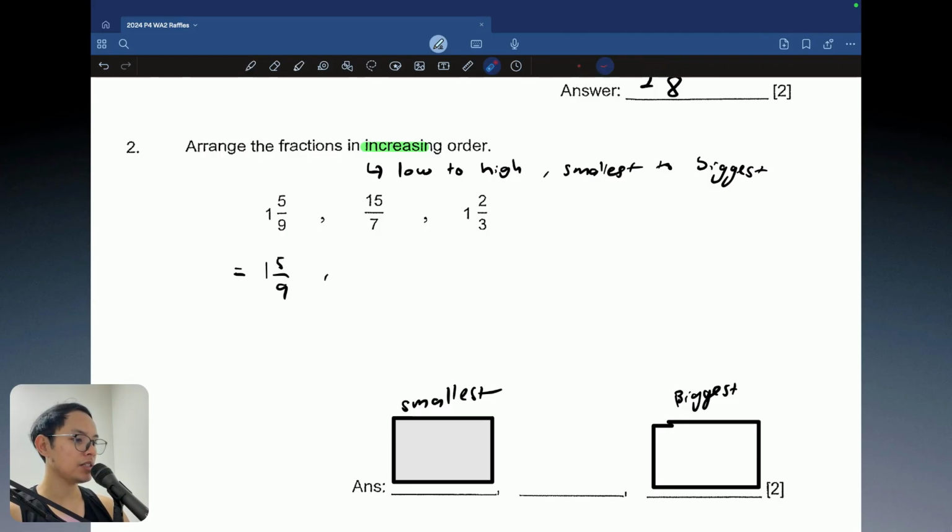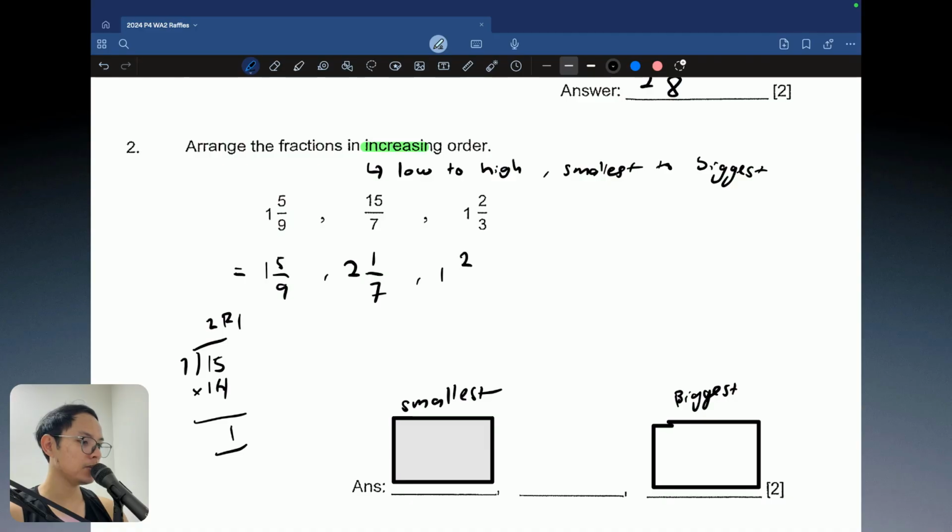So 15 out of 7 is actually, if you were to divide 15 divided by 7, it is 14, because this is a multiple of 2. Then this gives us remainder 1. So this will give us 2, 1 out of 7, right? And then this 1, 2 out of 3. So now we know that 15 out of 7 is 2 whole number, 1 out of 7. So that means the biggest number is actually 15 out of 7.